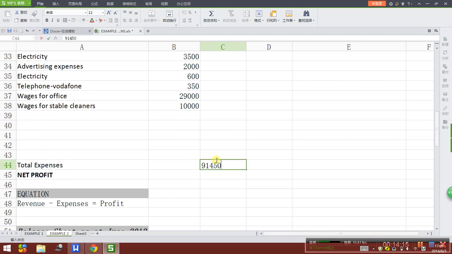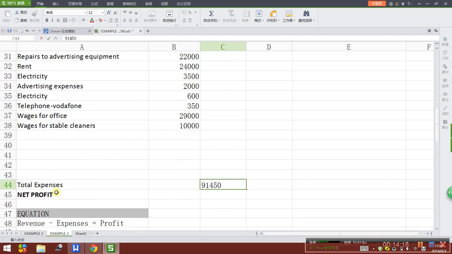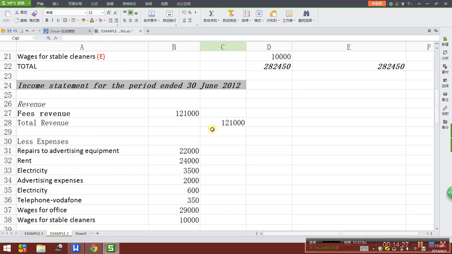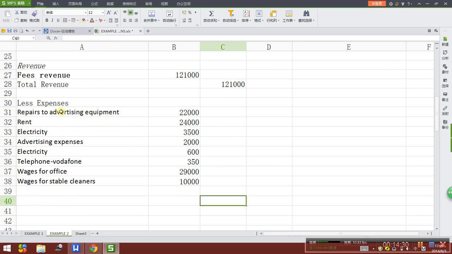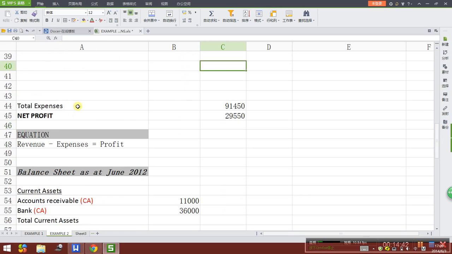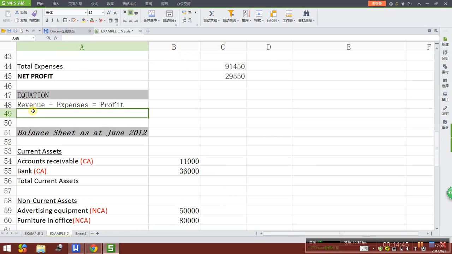So the net profit is the total revenue minus total expense, this figure. It's very clear. It is just revenue and expenses in the income statement. We can forget about the asset, liability, or equity. The equation is revenue minus expense equal to the net profit.